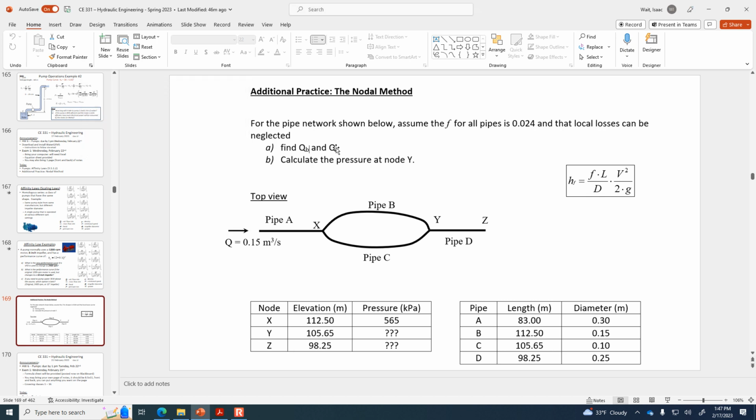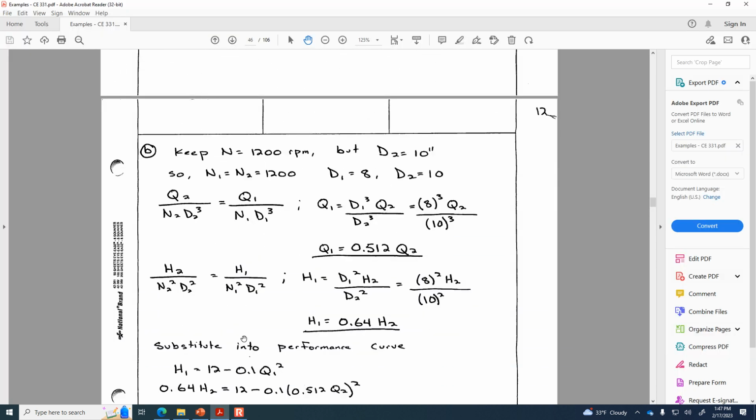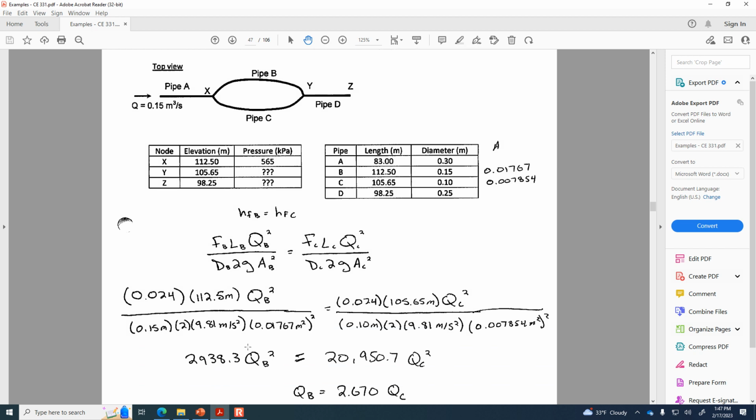Okay, find the flow rates and then the pressure at a downstream node. Here you can see the steps of substituting into the Darcy-Weisbach friction formula all the parameters like the f value, the length of the pipe, the diameter, 2g, the area, and so on.